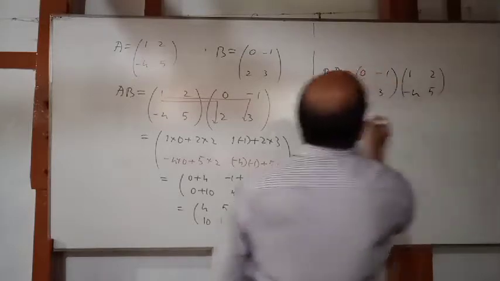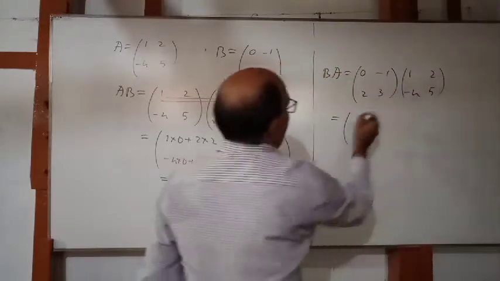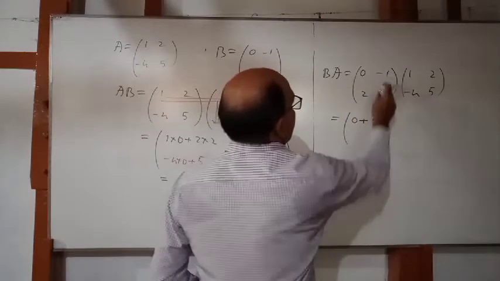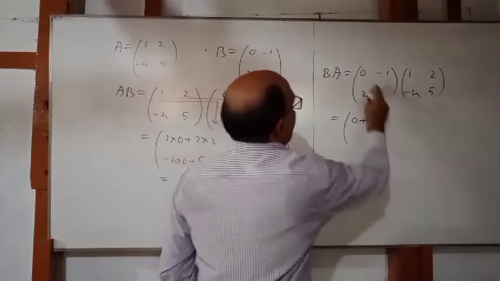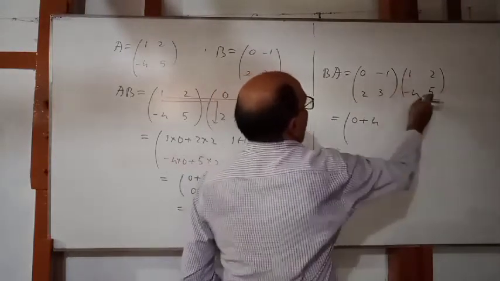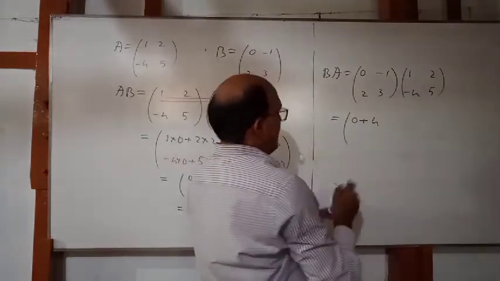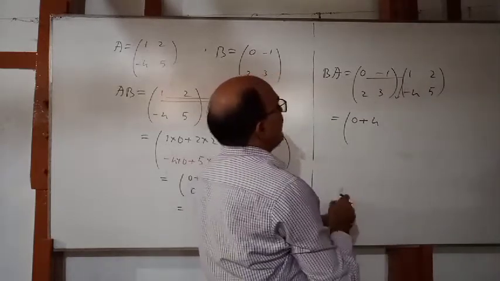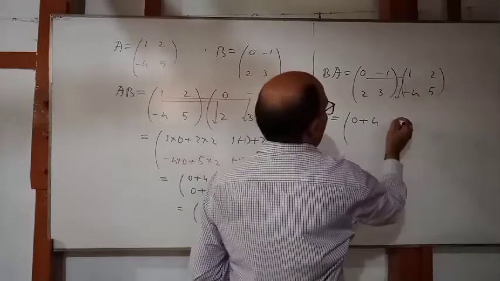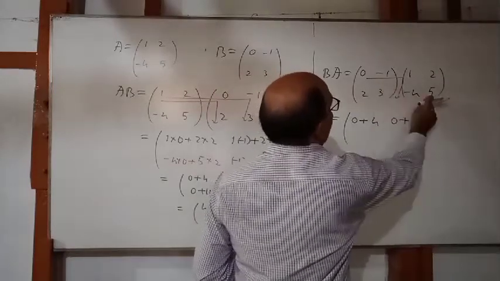You can check. It is 0 into 1, 0, plus minus 1 into minus 4. This time directly we are writing minus 1 into minus 4 will be 4. First row, first column we have completed. Then let us go to first row, second column. It will be 0 into 2, 0, plus minus 1 into 5 is minus 5.